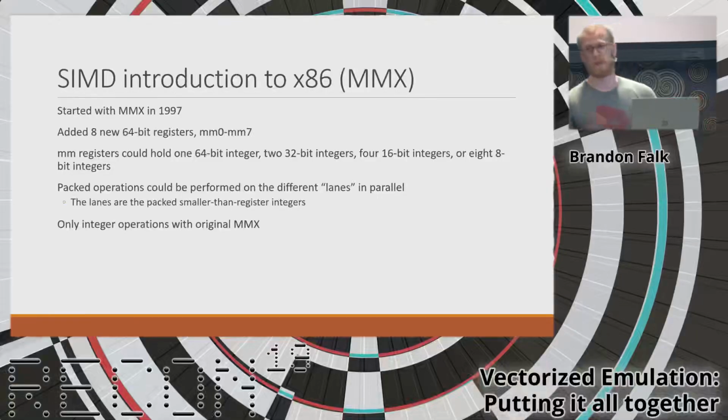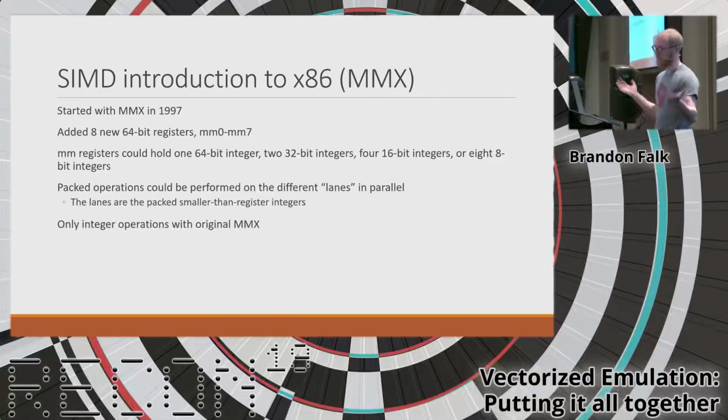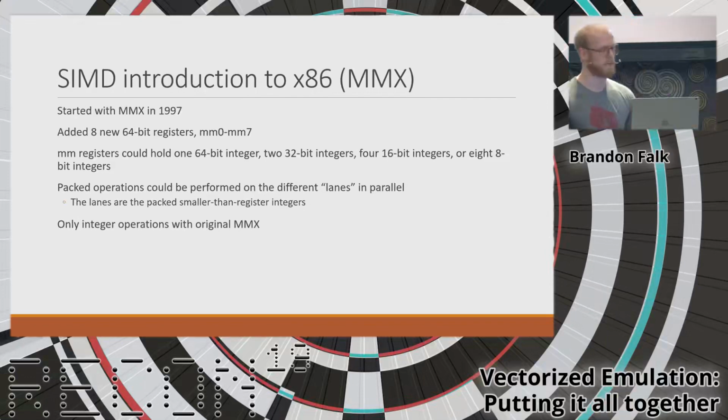So specifically to x86, SIMD came with MMX, which is technically an undefined acronym, but Intel likes undefined behavior. So back in 1997, this was back when everything was 32-bit, they introduced 8 new 64-bit registers that you could then split up into subcomponents. You could split it up into one 64-bit register, two 32, four 16, or eight 8-bit registers.